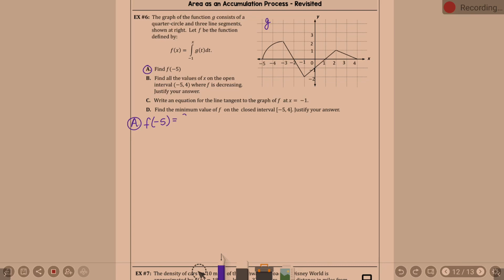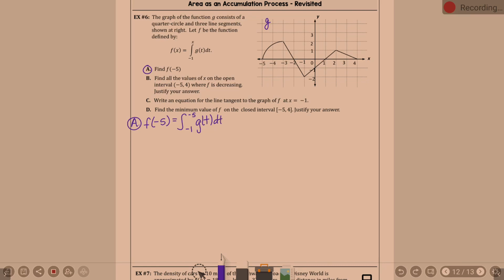So if we plug it in as is, it's the integral from -1 to -5 of g of t dt. And that just refers to the graph there.